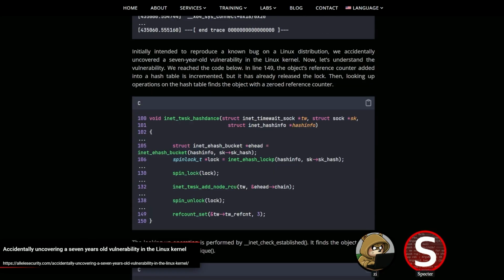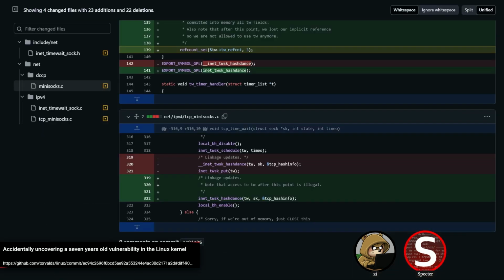Oh yeah, here's the commit that added the problem. For those of you who have the video up, you can see that in this inet_twsk_hashdance function, for example, this problem existed in two different functions. It was also in tcp_time_wait, but the refcount set call was moved outside of the lock, to after the unlock.